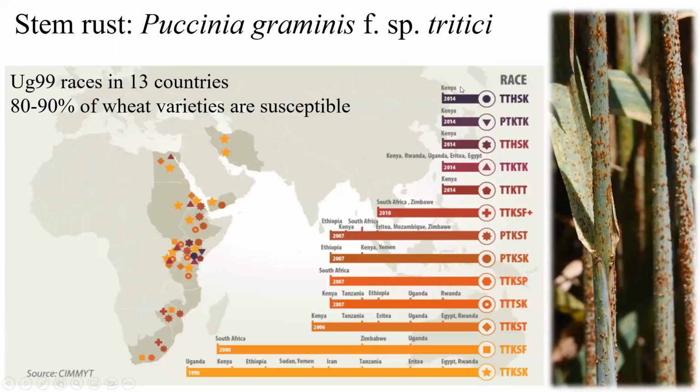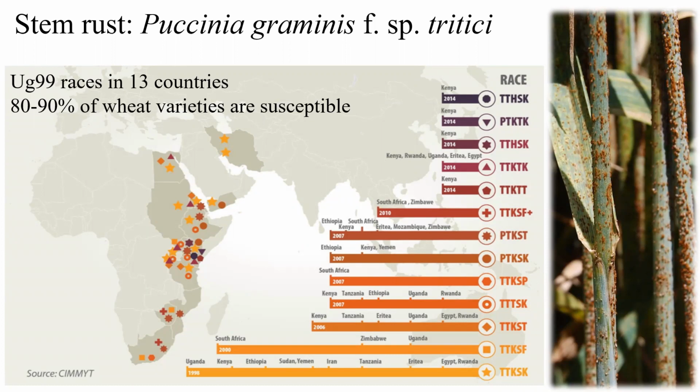Stem rust, caused by the fungus Puccinia graminis formae speciales tritici, is a very dangerous disease throughout wheat history, and it caused several epidemics. In the US, since the 1950s, this disease was under control thanks to the eradication of barberry, which is the alternate host of this fungus, and the use of resistant varieties.